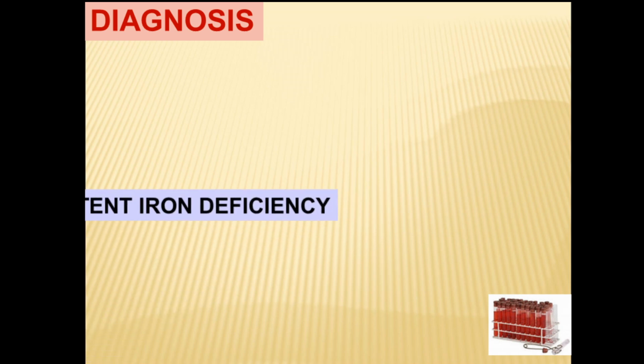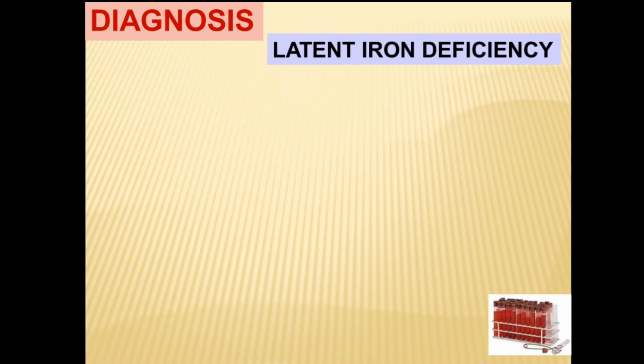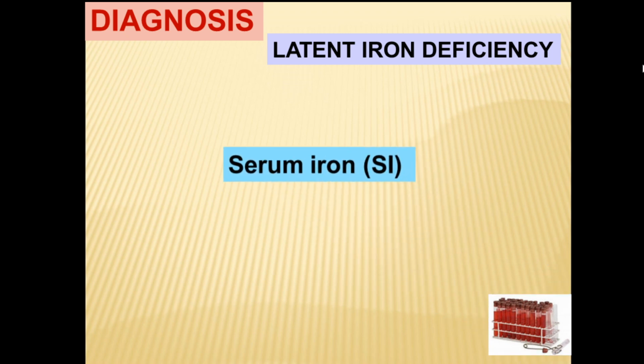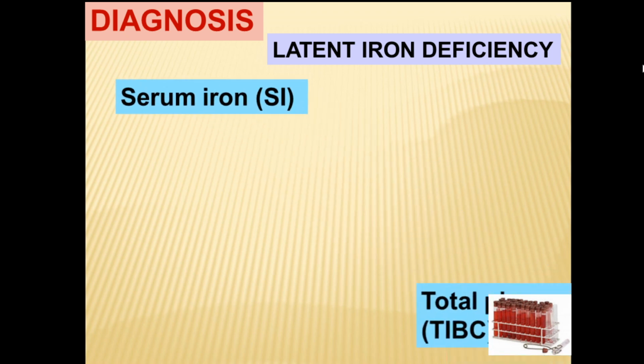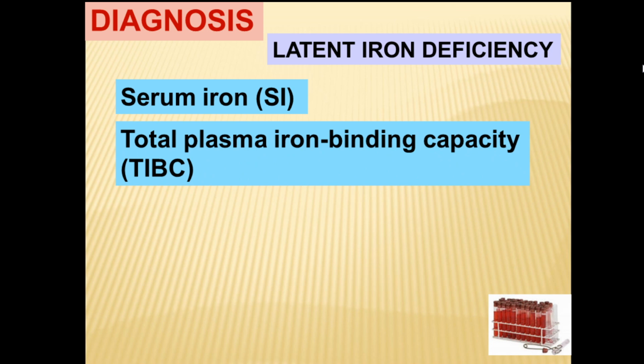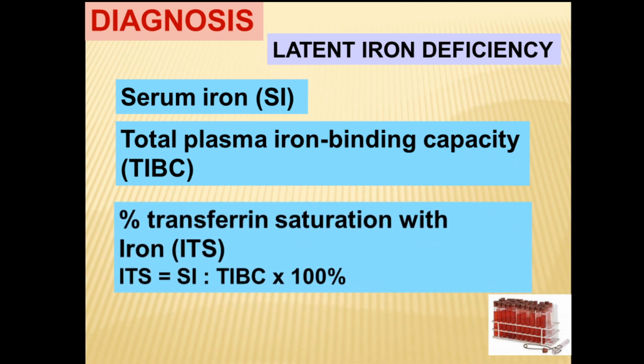Diagnosis is based on examination of blood. In the period of latent iron deficiency, first of all, we examine serum iron, total plasma iron binding capacity, and percentage of transferrin saturation with iron, which may be determined by formula, and level of ferritin.